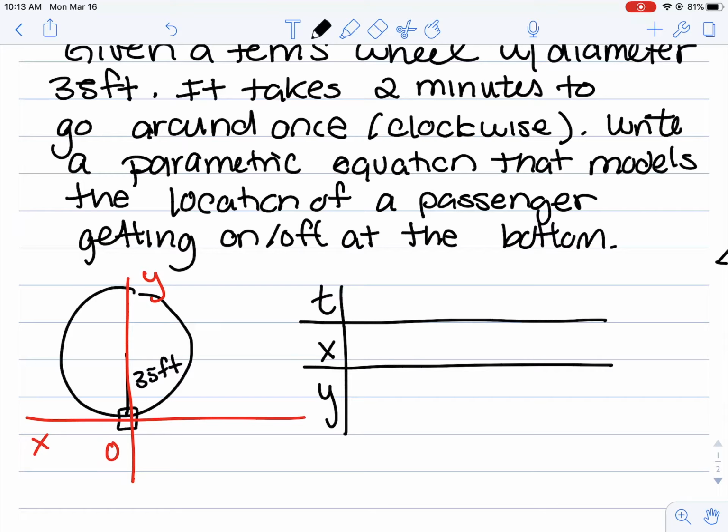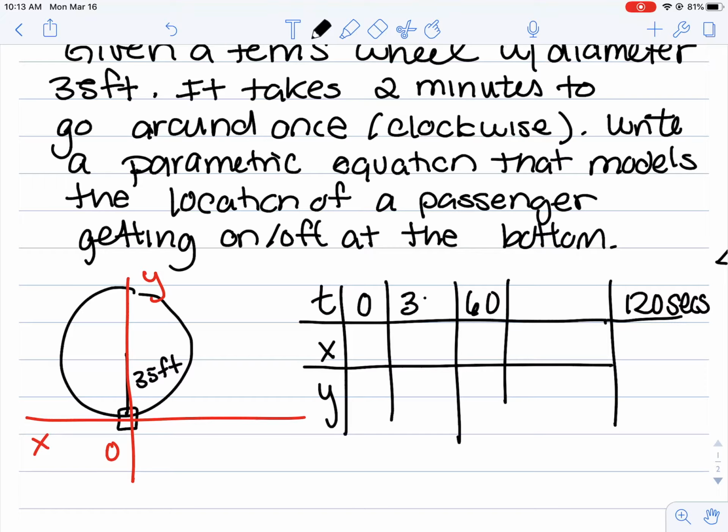It takes 2 minutes to go around, so let's break that up into a time interval from 0 to 120 seconds. Halfway is 60 seconds, a quarter of the way is 30 seconds.